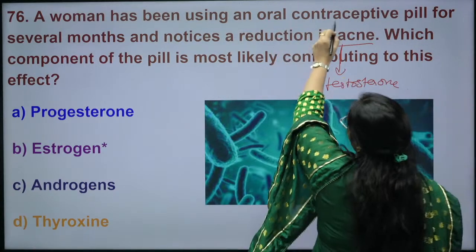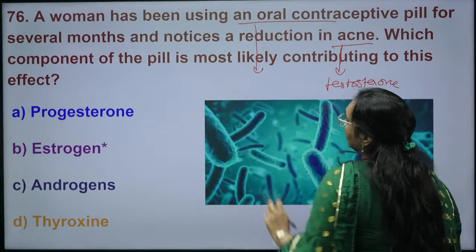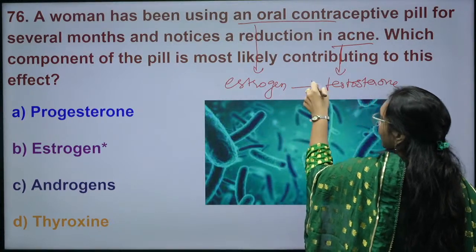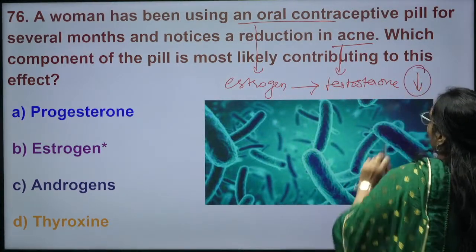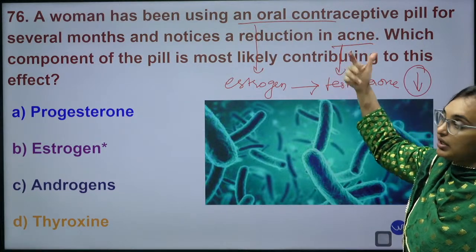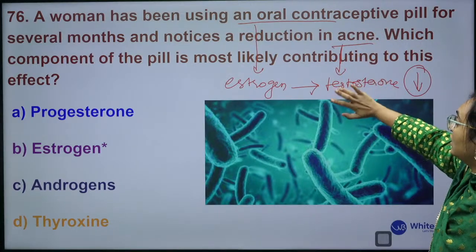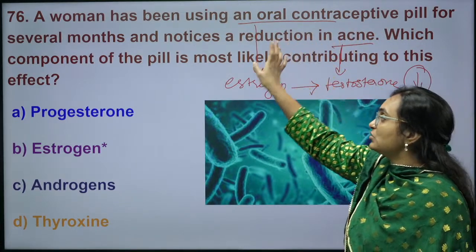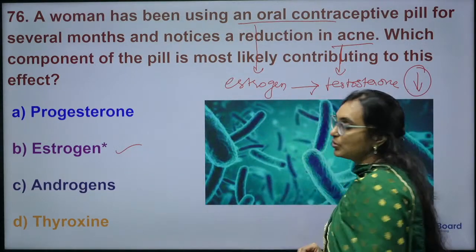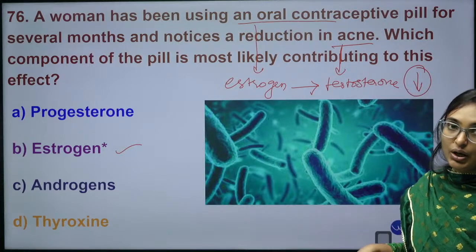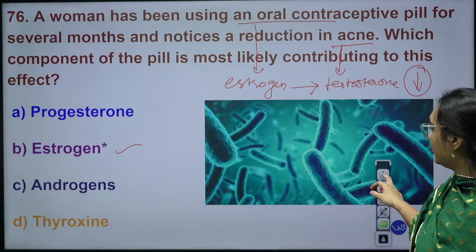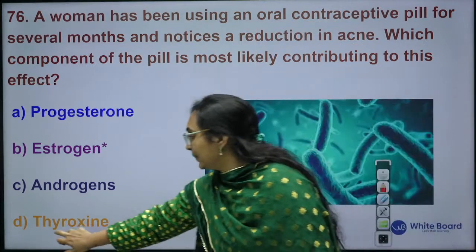Oral contraceptive pills mostly contain estrogen, and estrogen is responsible for reducing the levels of testosterone. When testosterone levels are reduced, acne will be prevented or controlled. So, acne is getting controlled because of the presence of estrogen in the pill, which reduces the testosterone levels in the person. So, the answer here is B. Next question.